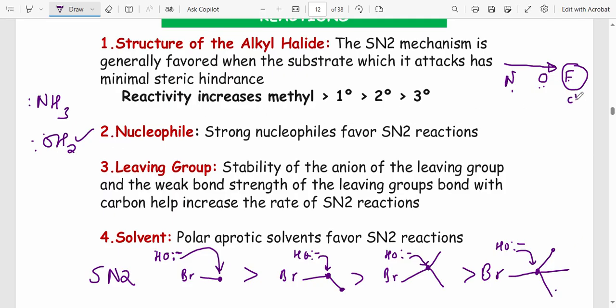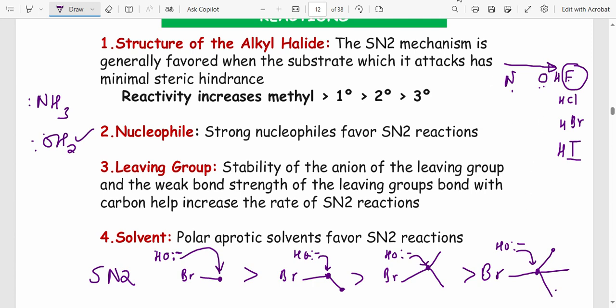But when you go down the periodic table, it becomes different. When these guys are attached to hydrogens, they become acids. And the strength of an acid depends on how easily it can let go of a hydrogen.